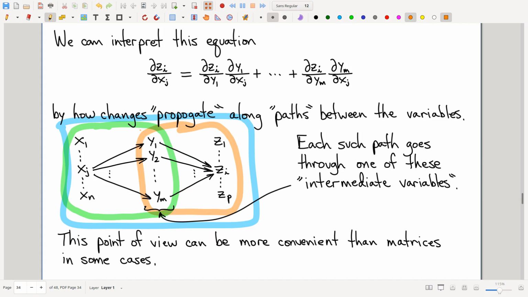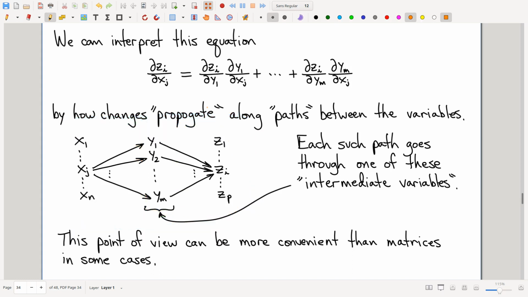With this in mind, let's now ask: if you want to know the partial of that with respect to this, how, when you change xj and hold all these other x variables constant, are the changes in xj going to cause changes in zi? I point out that these changes in xj will propagate along various paths.